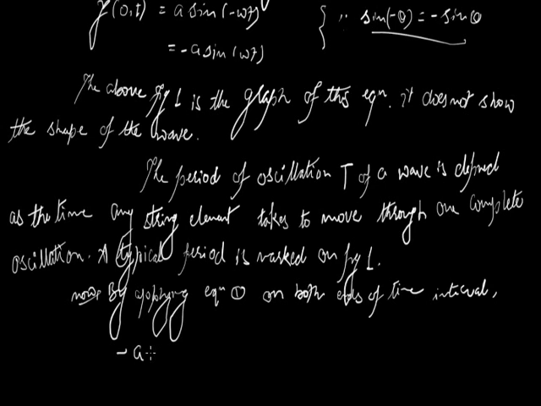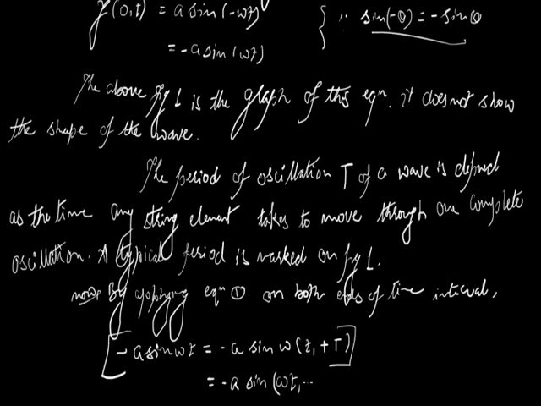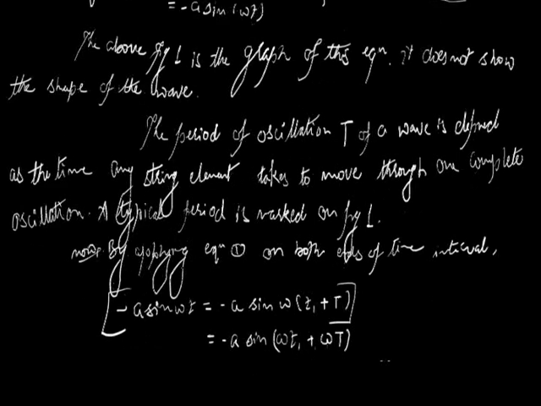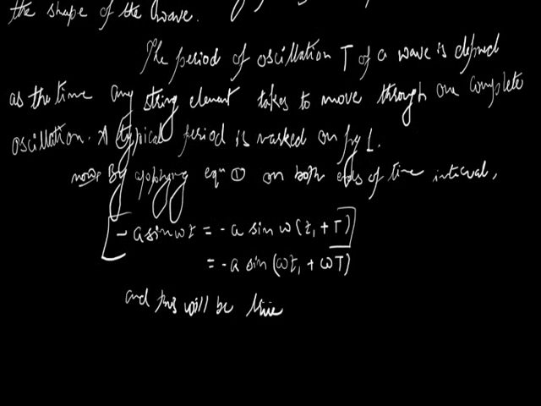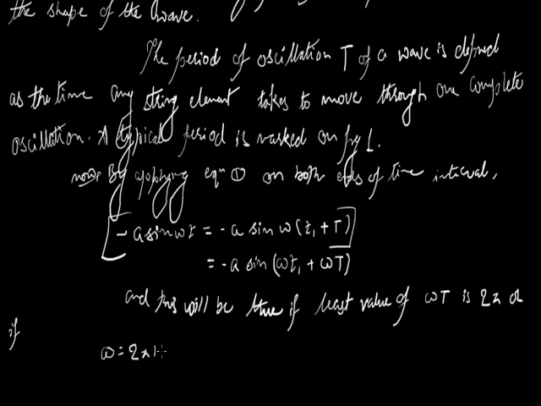We get minus A sin omega t1 equals minus A sin of omega t1 plus omega T. This can be true only if the least value of omega T is 2 pi, or if omega equals 2 pi upon T. This will be equation 2.